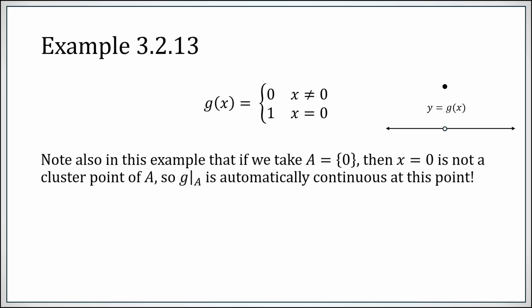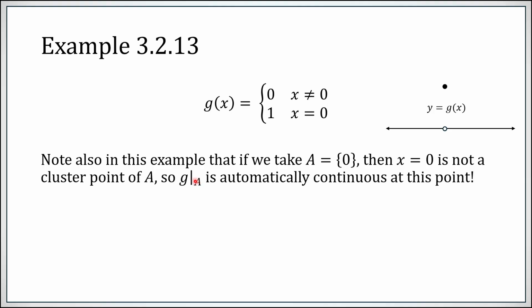Note also in this example, if you make a restricted function, by restricting the domain so much that this is the only point in the domain, then this is no longer a cluster point because you cannot approach 0 without using 0 if that's the only point in the domain. And at non-cluster points, functions are automatically continuous.